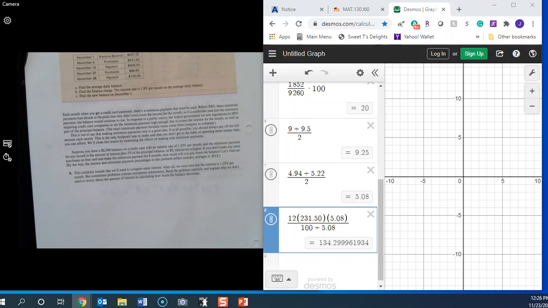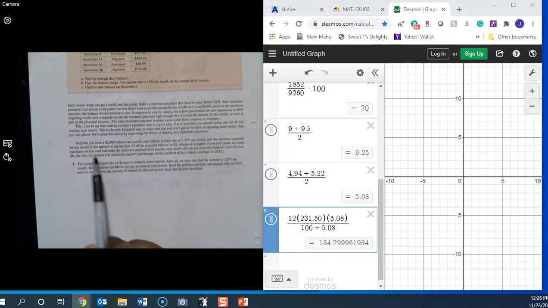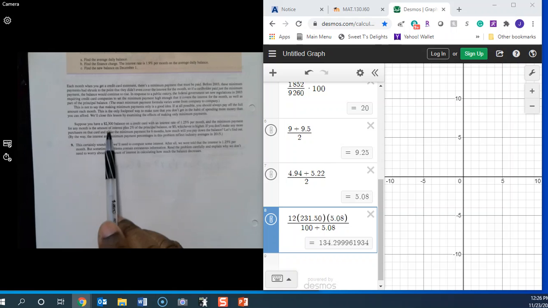Okay, now we go down here. It says, suppose you have a $2,300 balance on a credit card with an interest rate of 1.25% per month, and the minimum payment for any month is the amount of interest plus 2% of the principal balance, or $5, whichever is higher.